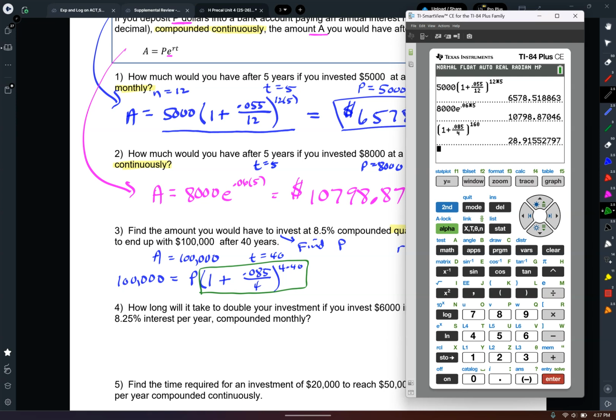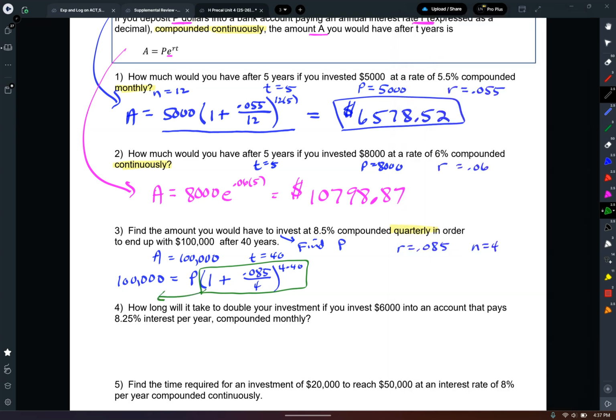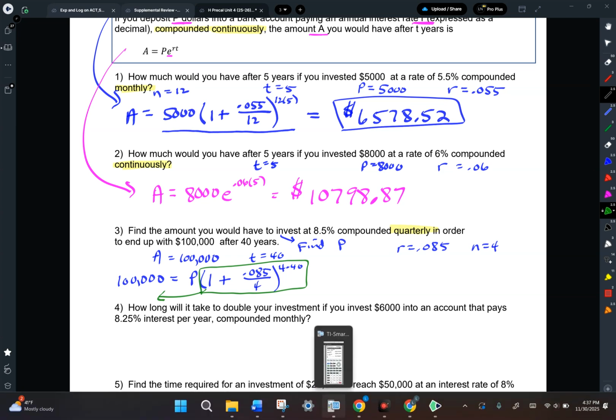And so that whole thing I have in green is this 28.9155. And instead of writing that down, and instead of rounding that number, looking at the equation, if I want to solve for P, basically I just need to divide 100,000 by that number. So in my calculator, I'm going to do a copy and paste.